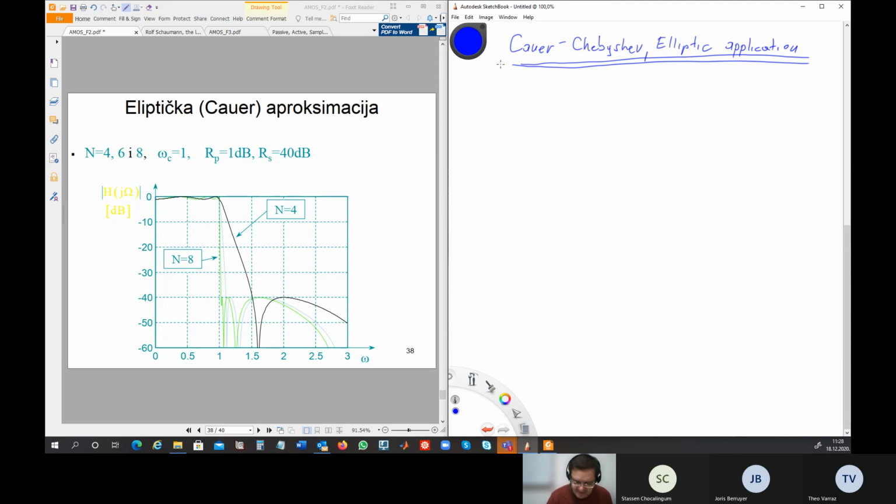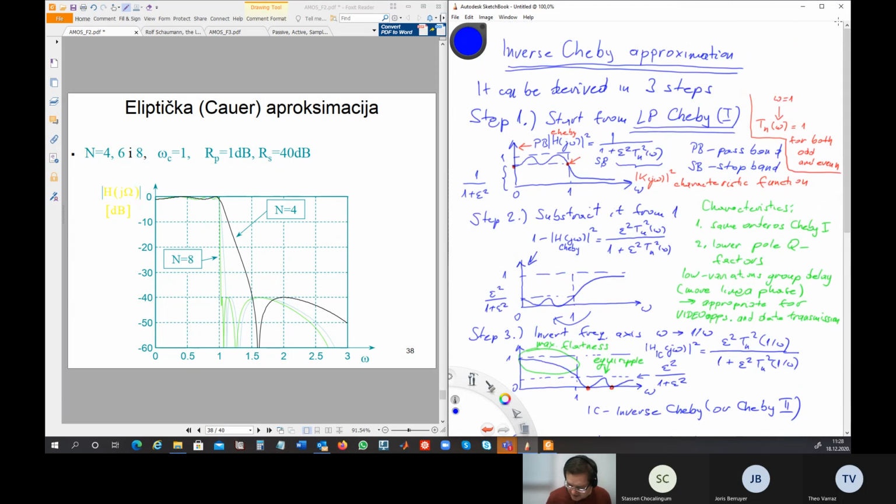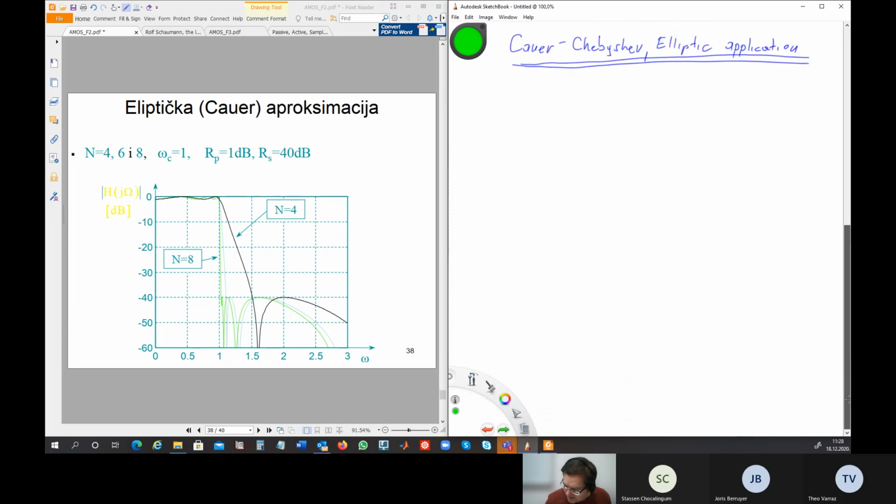We said before that in the transfer function, I will show it here, we recognize something called the characteristic function. So look at this. Okay. Now we try Cauer Chebyshev.